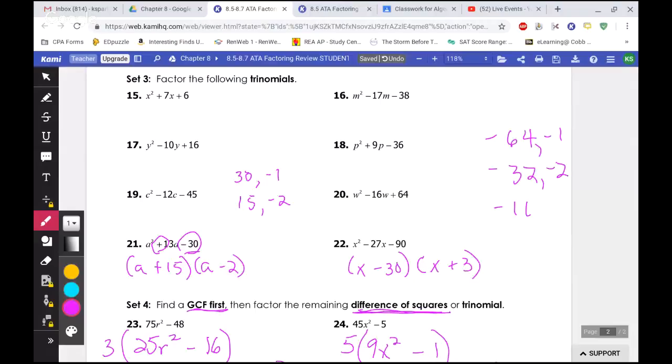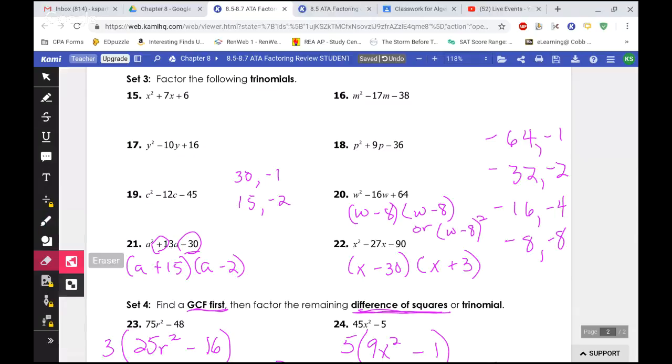Negative 16, negative 4 would give me a negative 20. Negative 8 and negative 8. And there it is, right there. W minus 8, W minus 8. And once again, because there's two of them, this can also be written W minus 8 squared.